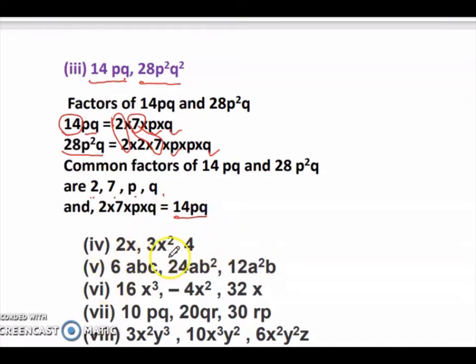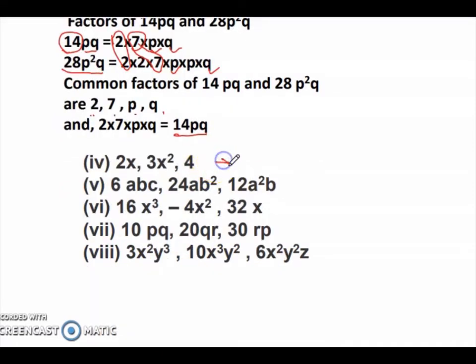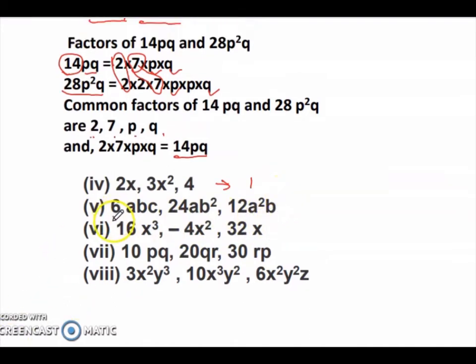So you can have three terms also between which you have to find the common factors, like 2x, 3x square and 4. So here common factor is 1. For the fifth one, 6abc, 24ab square, 12a square b. Between the coefficients 6, 24 and 12, 6 is a common factor of all these. 6 is a factor of 24 and 6 is also a factor of 12.